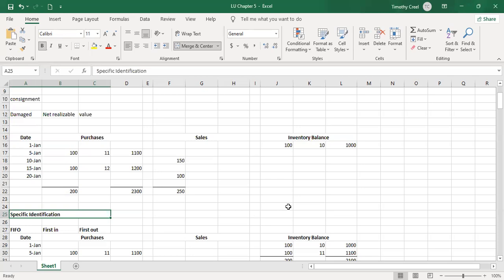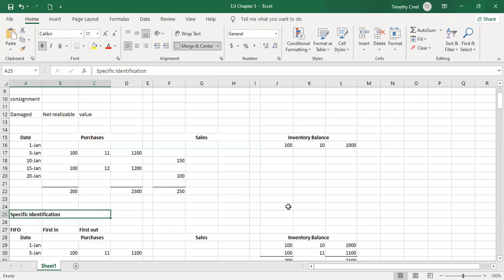So CarMax, for example, they sell used cars. At any time, CarMax can pull a report and it should have the make, the model, the VIN number of every car on their lot. So they could use specific identification because they can specifically identify what's there. They can specifically identify what's been sold.